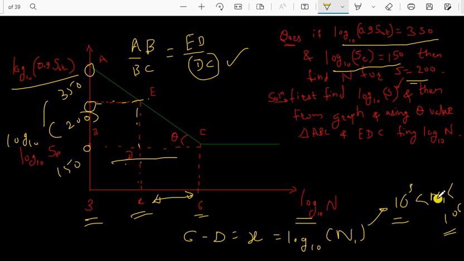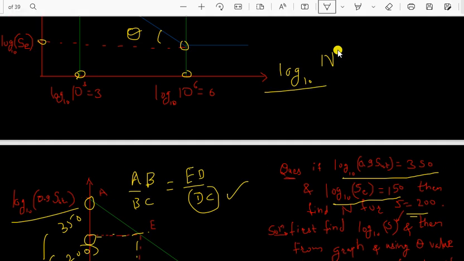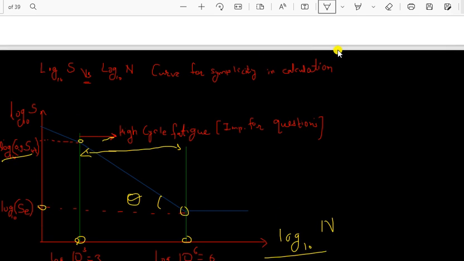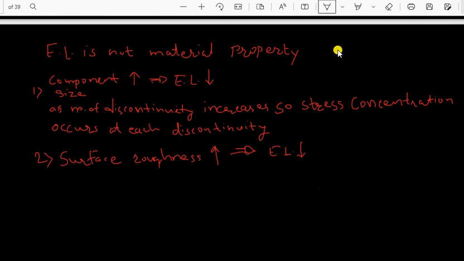So this was all about finding values from the graph. One more thing which we have left is that the value of endurance strength or endurance limit is independent of the material property.